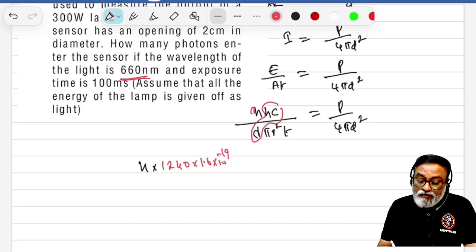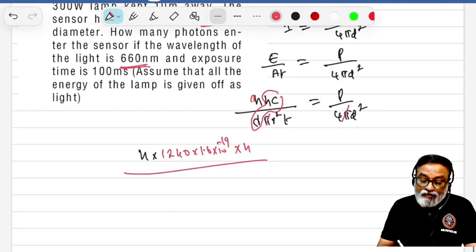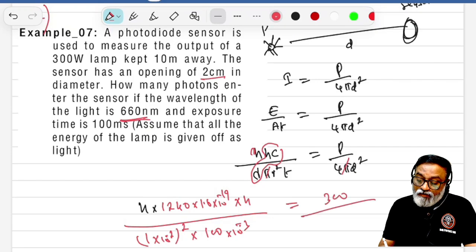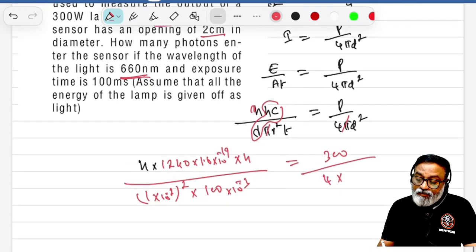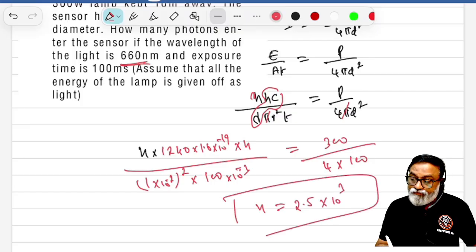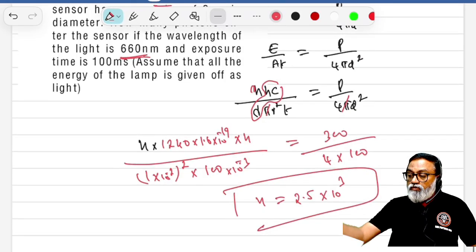Here pi gets cancelled. r is the radius, given as diameter 2 centimeter, so 1 into 10 to the power of minus 2 whole square, into T, 100 into 10 to the power of minus 3, and power is 300 watts by 4 into distance 10 meter, 10 square is 100. After simplification we can get number of photons received, n is equal to 2.5 into 10 cube.